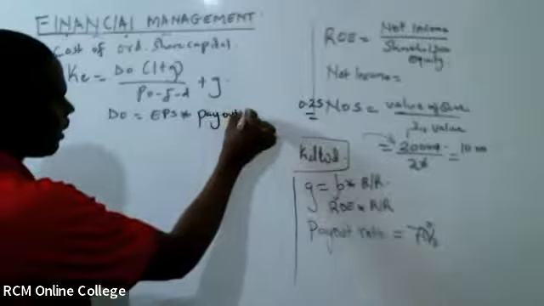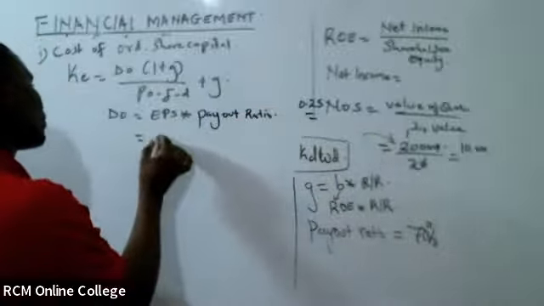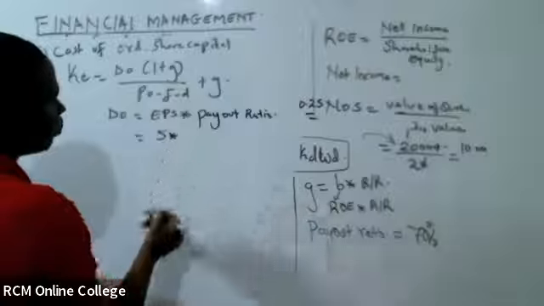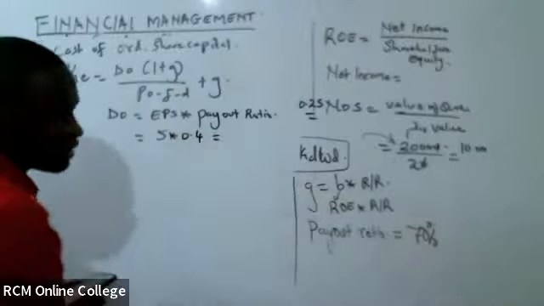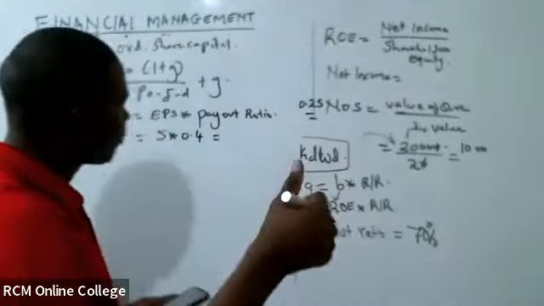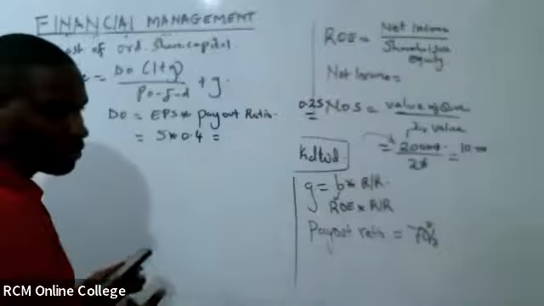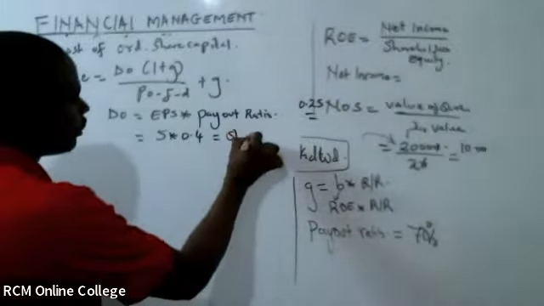Here the examiner was tricky. The payout ratio was 0.4. So can you give me the D0? What is the D0? Yes, Lulu, thank you. So it's 2 shillings.